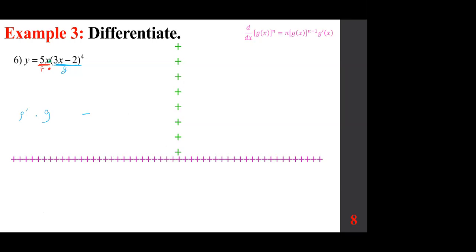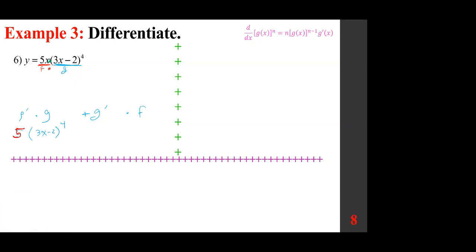So what is f prime? Clearly it's 5. Yes, everybody? What is g? Just write it. Okay.